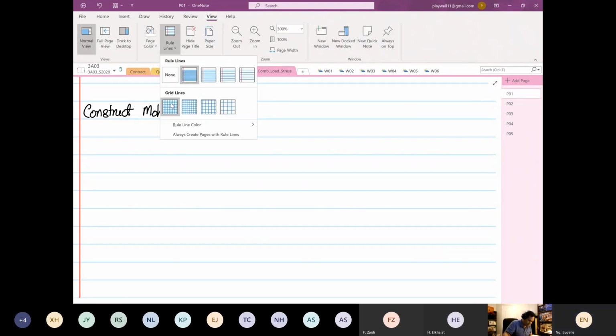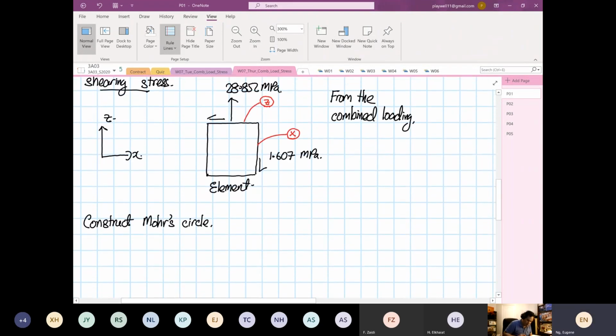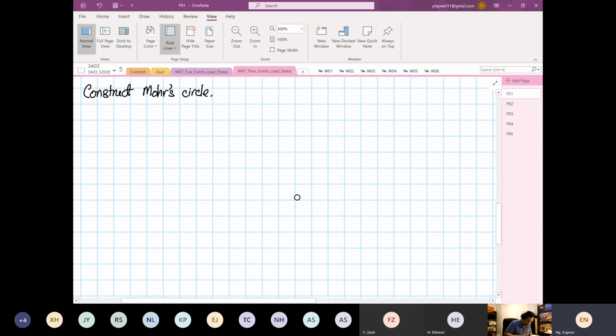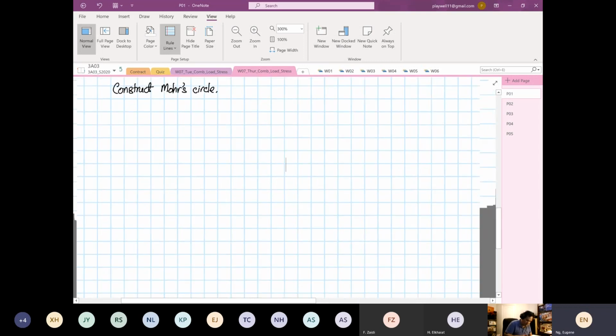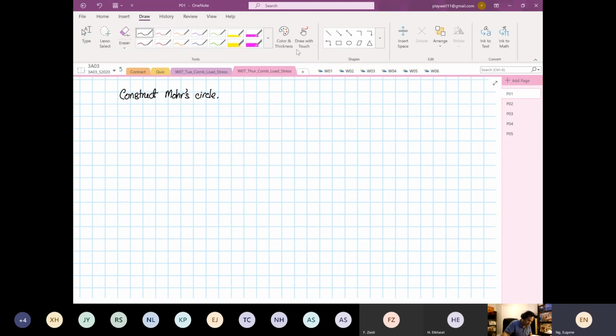So we have 28 in tensile. On Mohr circle, let me introduce you to it first. Our x-axis, the axis that I'm drawing down here, is your normal stresses. Anything in that direction is known as your normal stress.